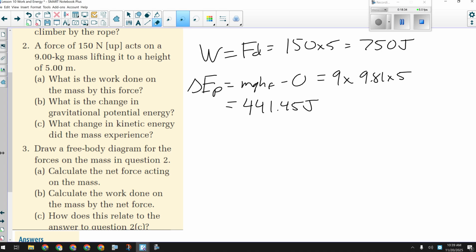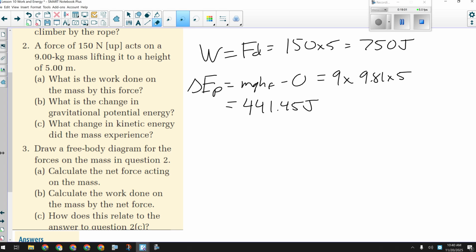Thank you. Okay, so I have to assume then that the rest of the work changed some other kind of energy. Energy can't be created and it can't be destroyed. It has to do something. So we have to assume that it changed another kind of energy. Since there's no mention of friction or other non-conservative forces, we have to assume the rest of this changed the kinetic energy.